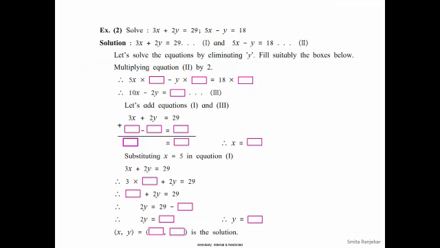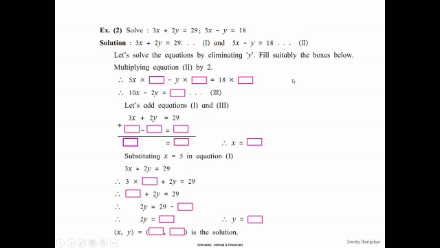Here equations are 3x plus 2y is equal to 29. Another one is 5x minus y is equal to 18. As I said, we are going to use mostly the method of elimination. So here it is given, let's solve the equations by eliminating y. Fill suitably the boxes below.